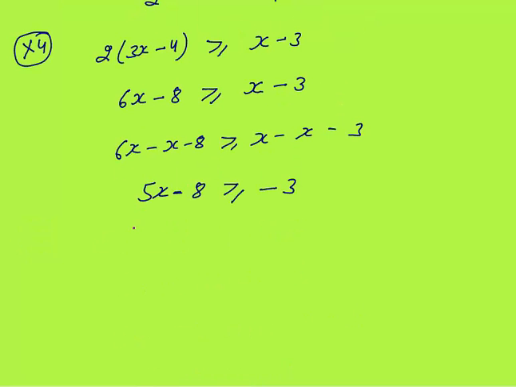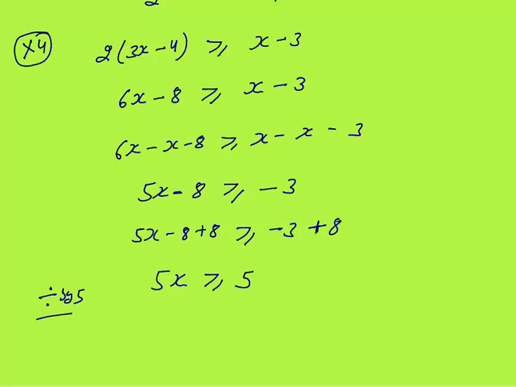Add 8 both sides. 5x minus 8 plus 8. Adding or subtracting the same number does not change the sign of inequality. This is 5x is greater than 5. Divide both sides of the inequality by 5. If you divide by 5, the sign of inequality will not change.